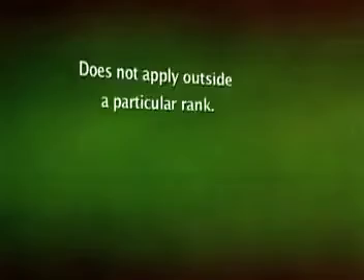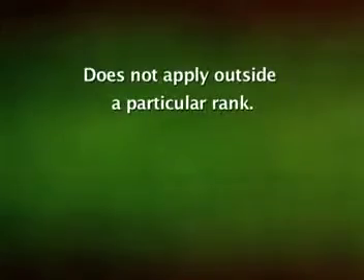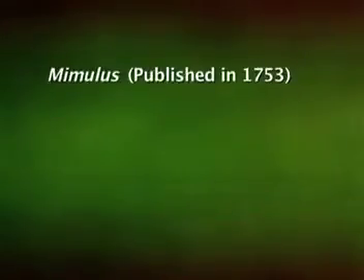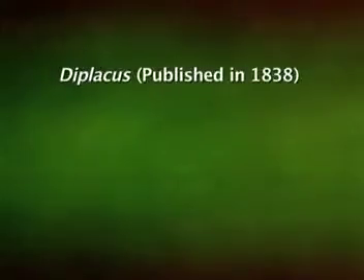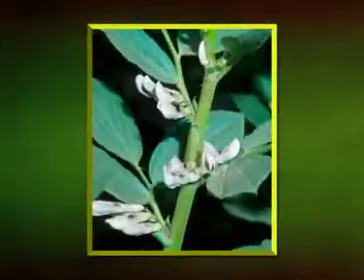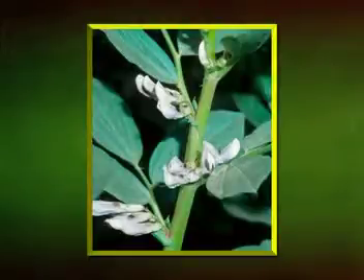Priority of publication only applies to taxa at the rank of family and below, and does not apply outside a particular rank. For example, of two competing names, both legitimate and validly published, Mimulus, published in 1753, and Diplodocus, published in 1838, the genus Mimulus has priority and is the correct name when the two genera are combined into one.